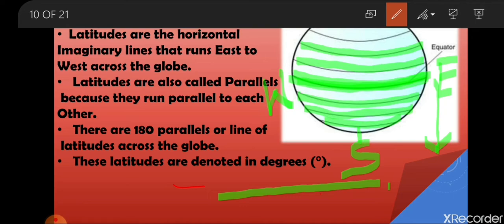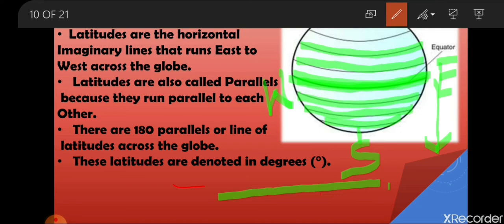I am also explaining this: from one side these lines will look like a line, but actually they are in circular form, around our earth.